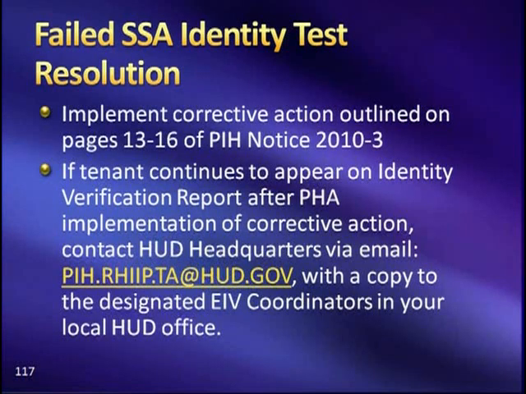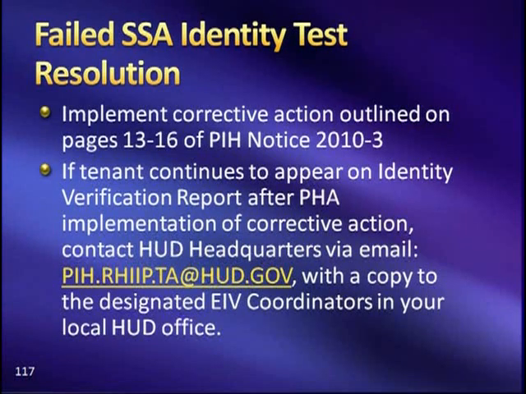Well, 12 is the introductory to that segment on resolving incorrect personal identifiers. 13 through 16 is the actual, it's a little chart that outlines and lists every single error message that could show up on this failed SSA identity test. And then in the far right is the corrective action that you need to implement to address that deficiency.